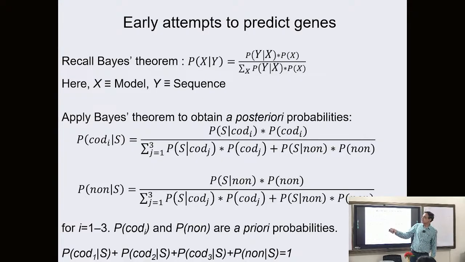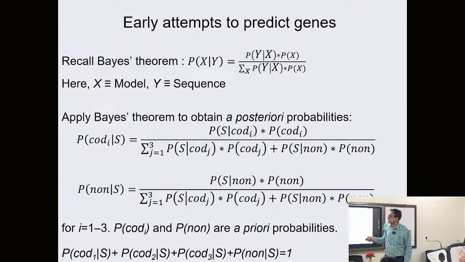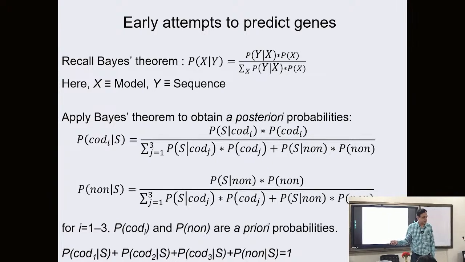This will give you the posterior probability of the sequence being protein coding in frame I, where I goes from 1 to 3, right, 3 frames.